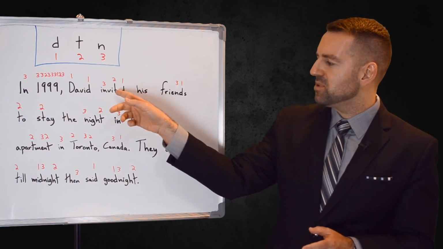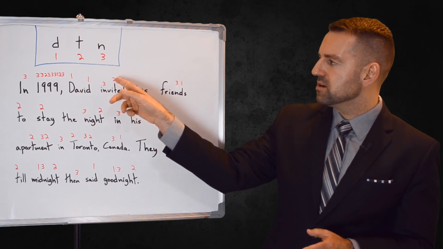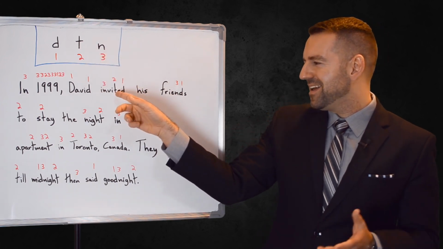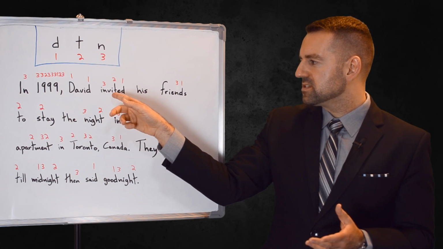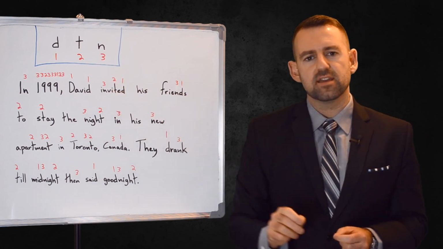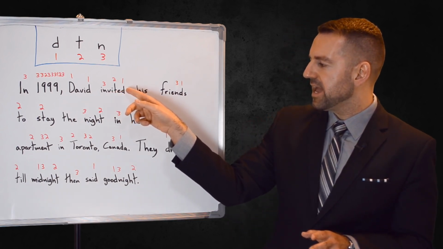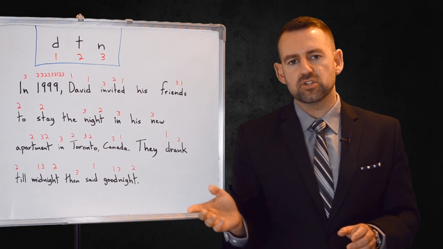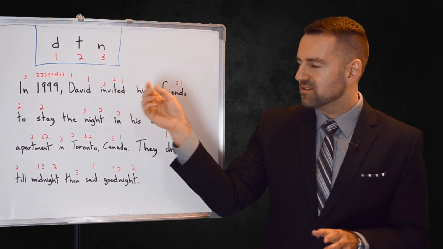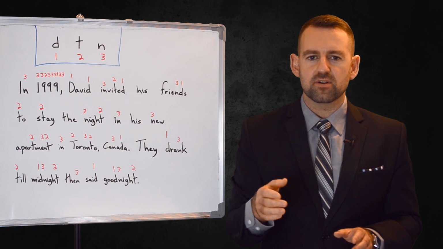Like, for example, in this word, invited. Okay, I wrote a T here, but actually, we would probably say a D here: invited, right? When the word invite has an ending like -ed or -ing, then the T kind of turns into a D sound, inviting or invited.